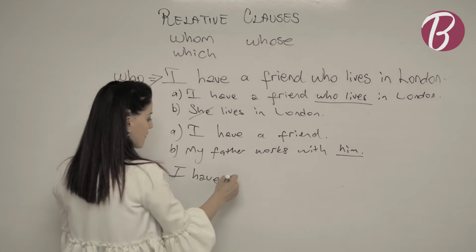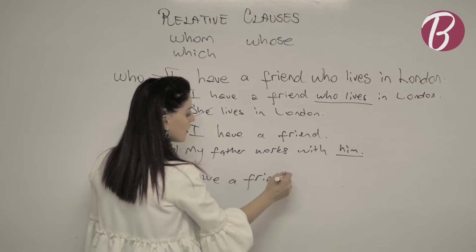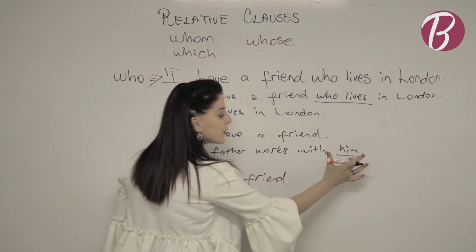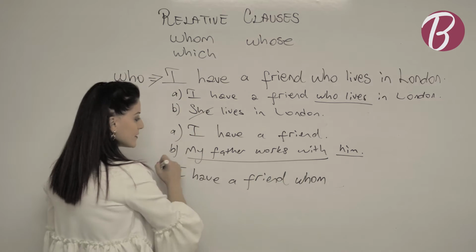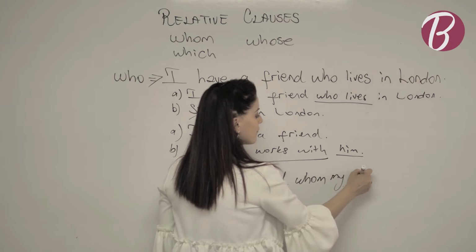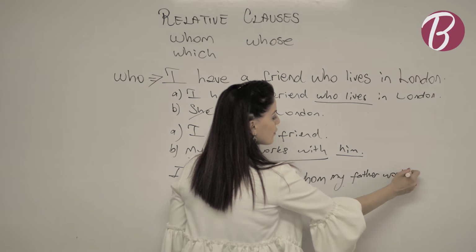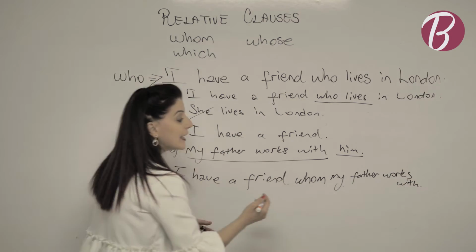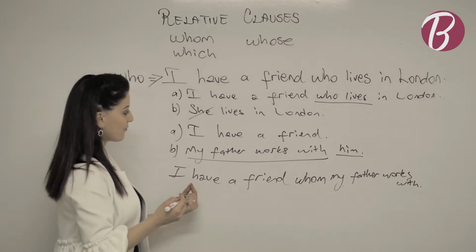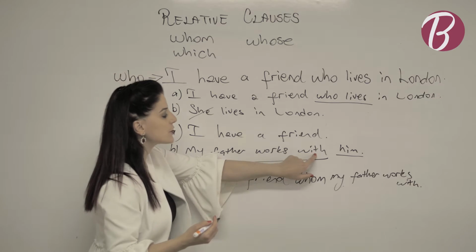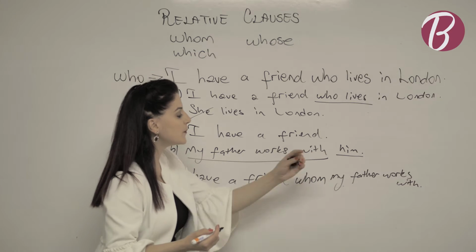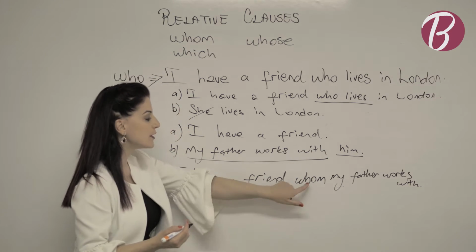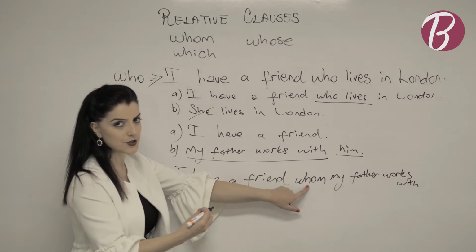I have a friend, and instead of the pronoun, whom, and then the sentence, my father works with. In formal English, if we have a preposition in front of the object, we all the time prefer to use this pronoun with the preposition.